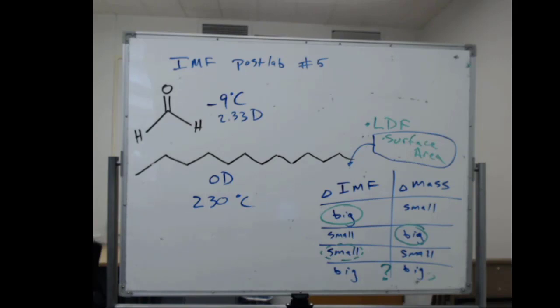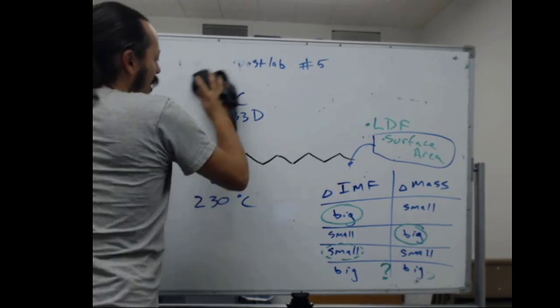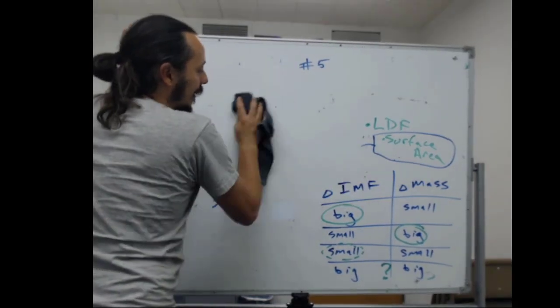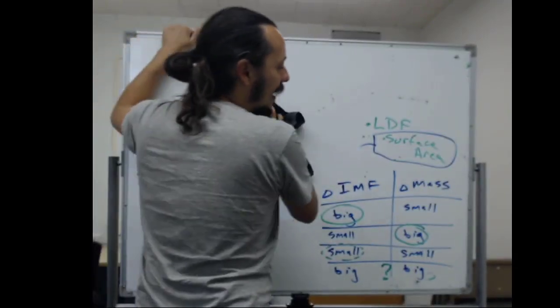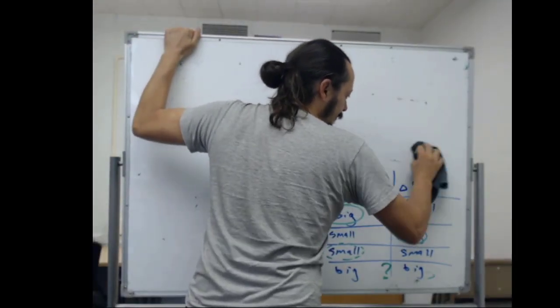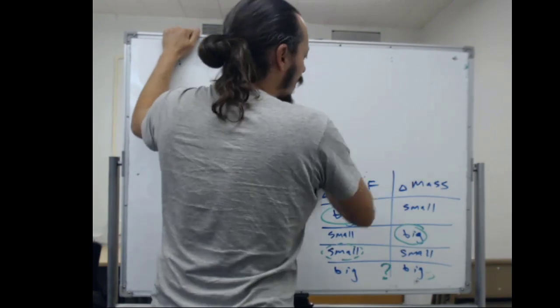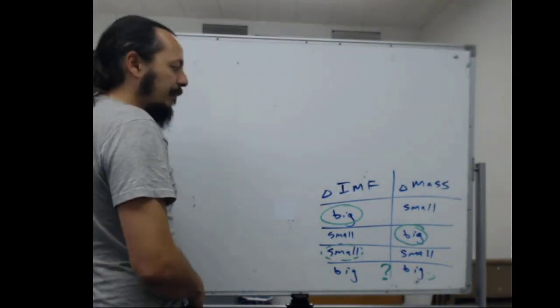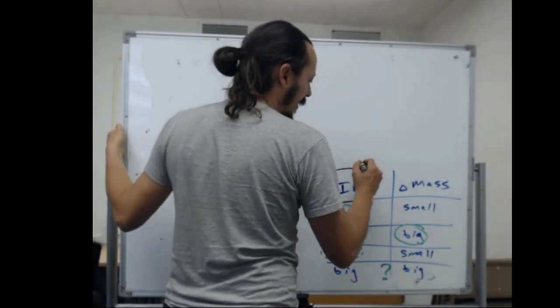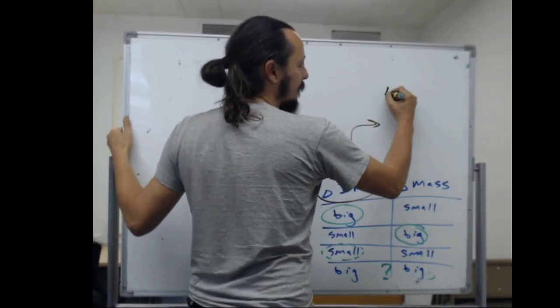So the next thing we're looking at is mastery question 8, predicting our order of boiling points, right? And we're really going to be thinking about this same idea of how do the masses compare, how do the IMFs compare? Keeping in mind when we say IMFs, we have to be thinking about 3 things.